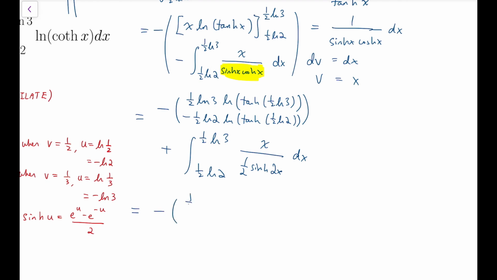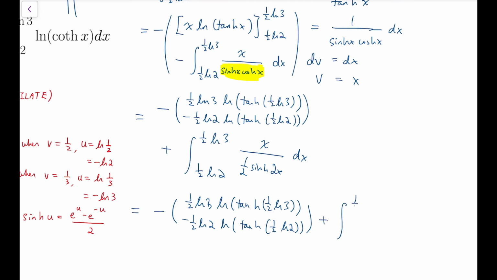So for just the integral, I'm going to ignore the log part for the time being. I can rewrite the integral as 2x over sin of 2x dx.